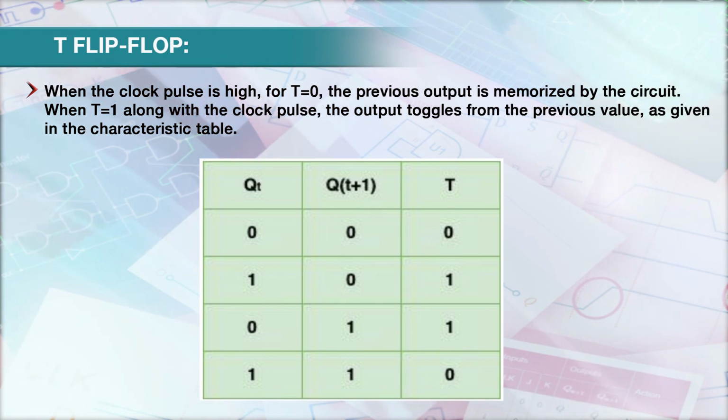When the clock pulse is high, for T equal to 0, the previous output is memorized by the circuit. When T equal to 1, along with the clock pulse, the output toggles from the previous value.